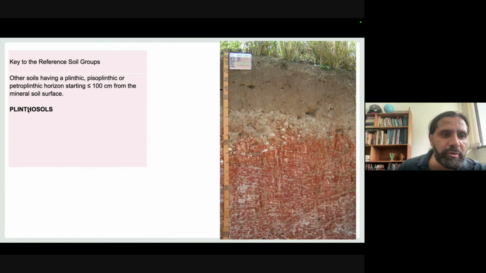And we have also the plinthosols. The plinthosols are those soils that do not fit the criteria for the previous RSG and have a plinthic, a pisoplinthic, or a petroplinthic horizon in the first 1 meter below the soil surface. So let's see. This photo shows you the plinthic horizon. You have some iron concentration because this soil suffered in the past some water table fluctuation.